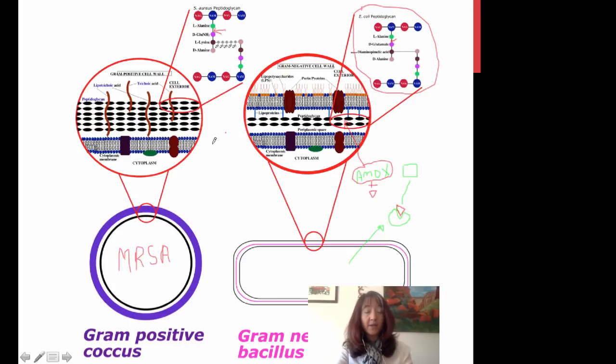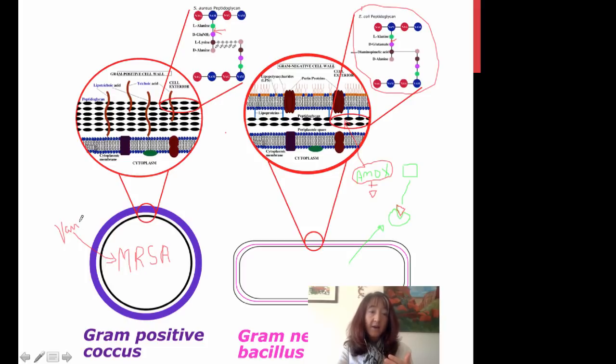The next layer of treatment is methicillin, but now the gram-positive cocci that are MRSA are resistant to methicillin as well. So sometimes then what we do in order to try to treat these already resistant gram-positives is we try to use something called vancomycin.